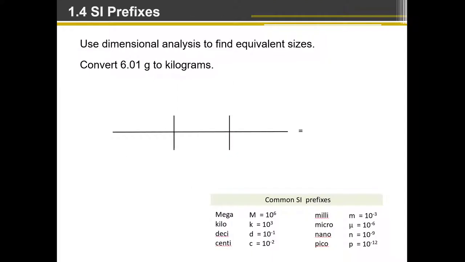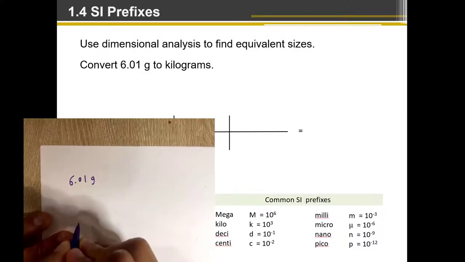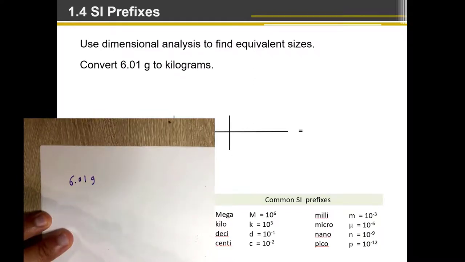Using SI prefixes is even much simpler because, as we said, you need to memorize these conversion factors, but let's have them up for us to do some of these examples for now. All you need to do is simply replace the symbol for the SI prefix with the corresponding conversion factor. Say you have 6.01 grams, and you want to convert it to kilograms.